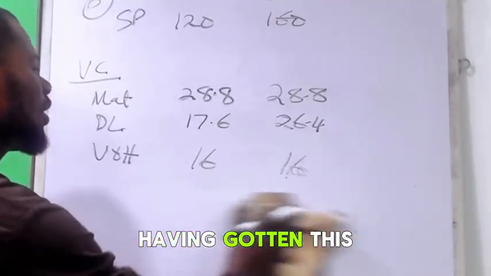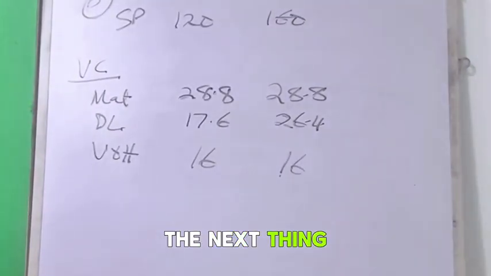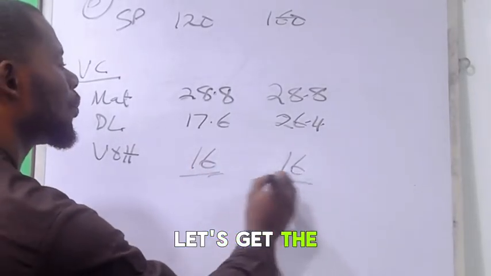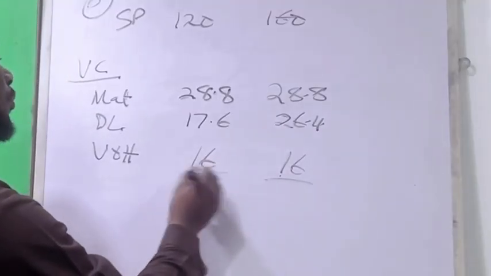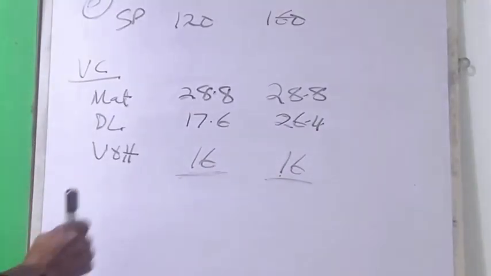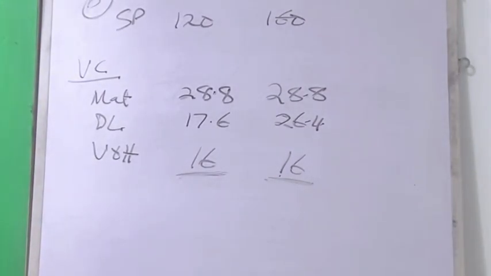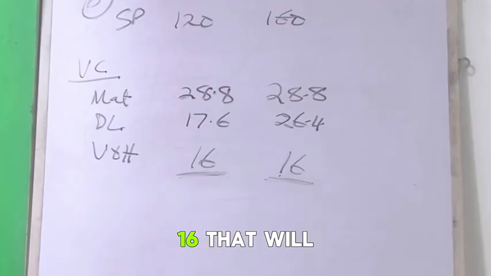Now, having gotten this, the next thing is for us to get our totals. All right, so for A, we have 28.8 plus 17.6 plus 16.